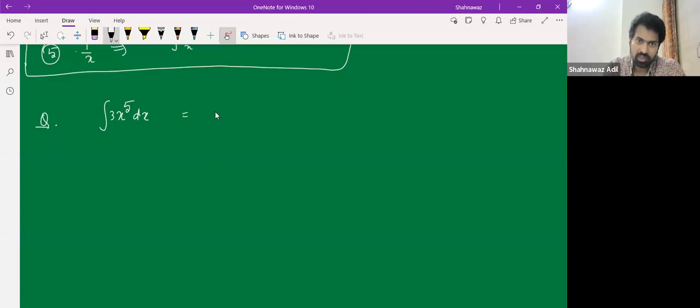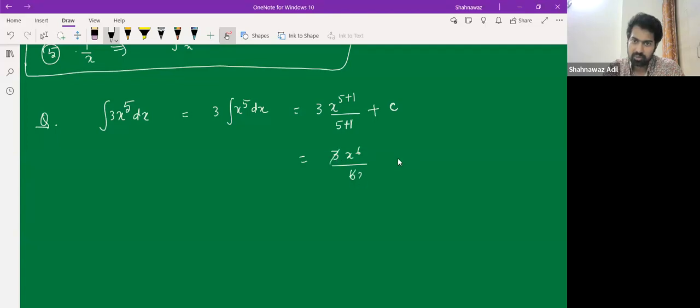So this would be 3 times the integral of x^5 dx. The power is 5, so this would be 3 times x^(5+1) divided by 5+1, plus a constant term.